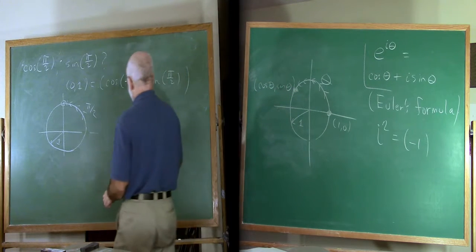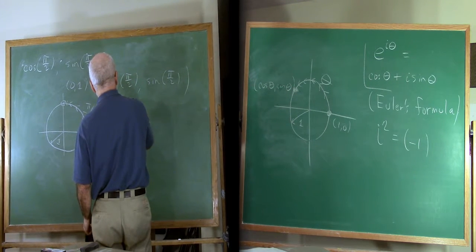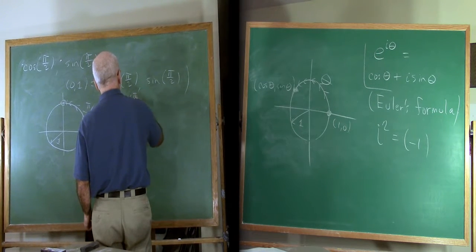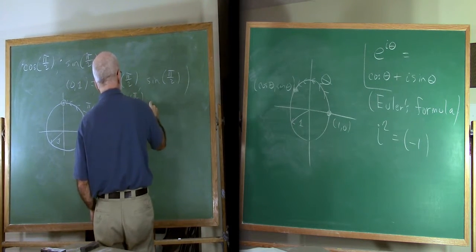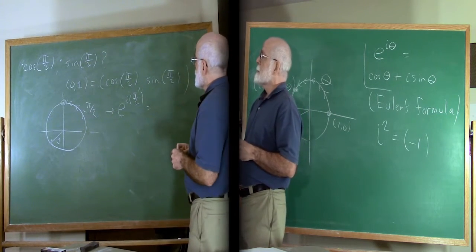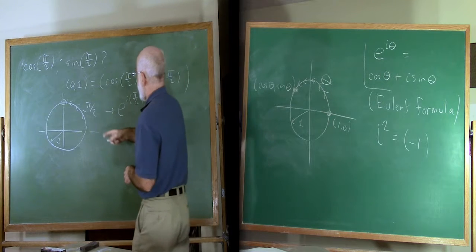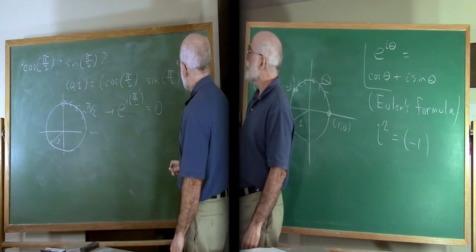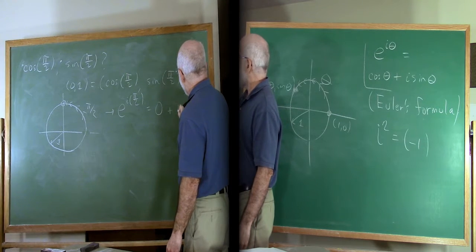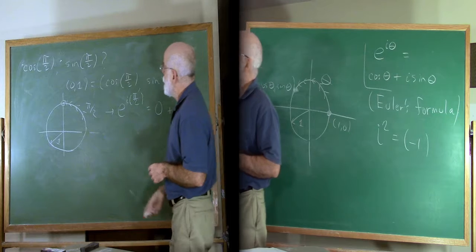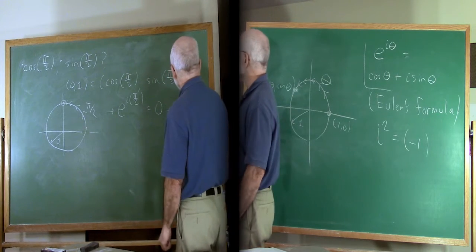Euler's formula, we can't resist. Plunk down the cosine of pi over 2, that's 0, plus i times the sine of pi over 2, that's 1.